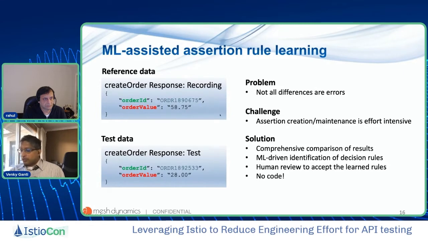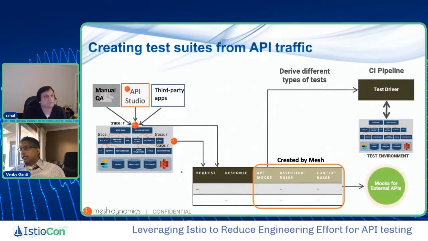Once we have these assertion rules and context rules, the data that we captured from the Istio Envoy listeners, the Lua filters deployed on the Envoy sidecar proxies, we're able to convert into real test suites that could be meaningfully used in a CI pipeline or on a local developer laptop, right?